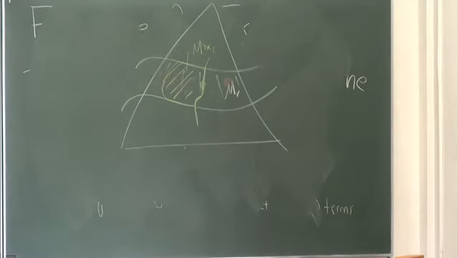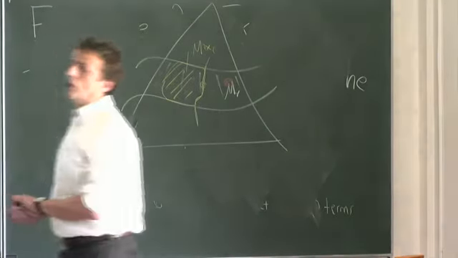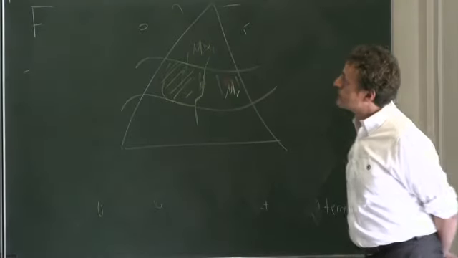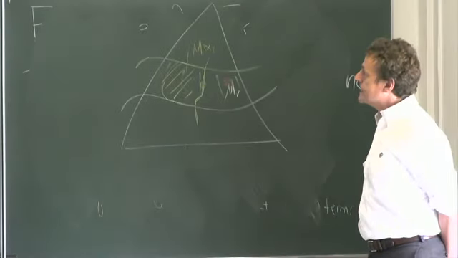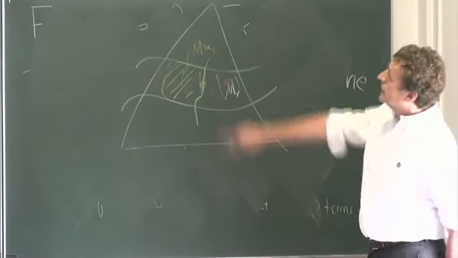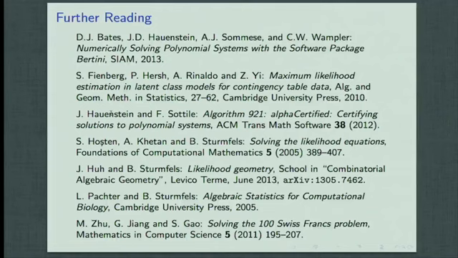We wrap up. So this is just a bunch of references. In addition to the papers I mentioned, there's the book by Bates and company on Bertini. There's a paper by Feinberg and collaborators that describes exactly this class of latent class models in statistical language. Algebraists are often worried because with the numerical methods, these path tracking methods, you might make numerical errors. You might lose the path.